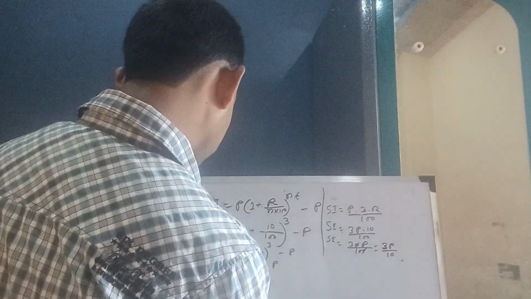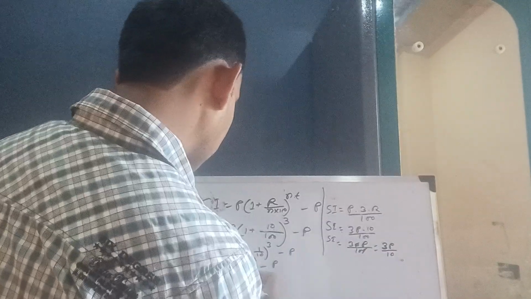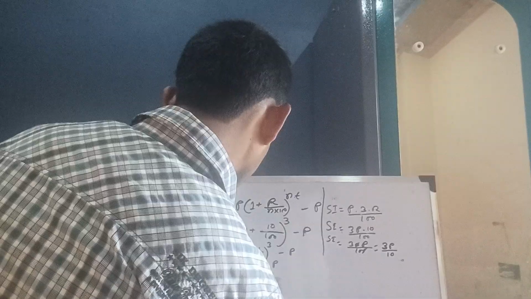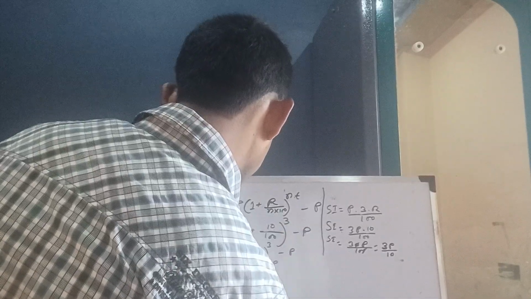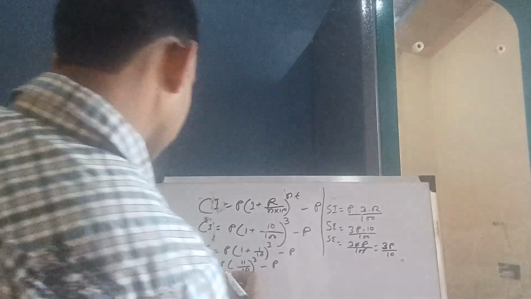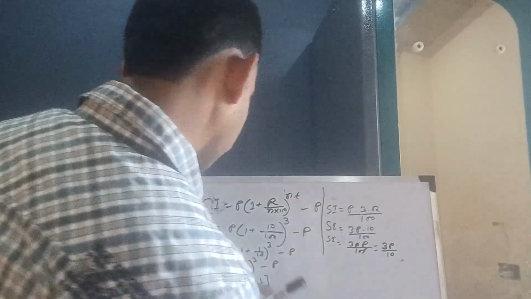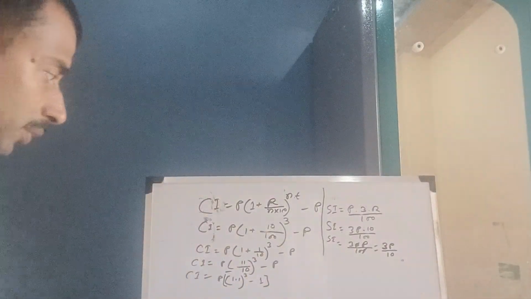CI equals P, 11 by 10, that means 1.1, to the power 3. Take P common, minus 1. Clear? So what happened after this? This becomes P common, (1.1 cube minus 1).